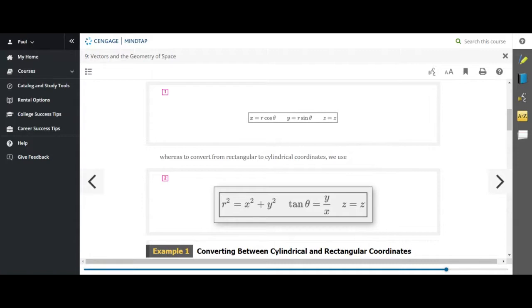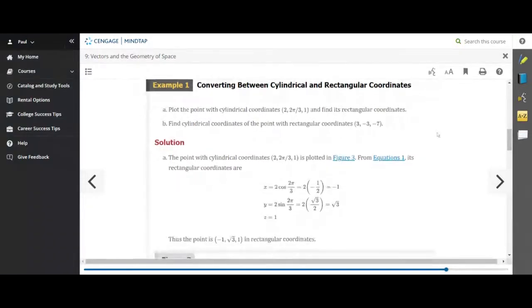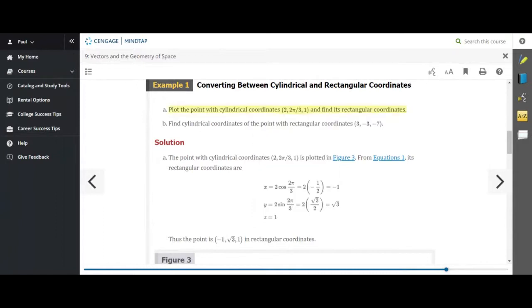I'm going to go right from the book on this one. Example 1. Let's plot the point that has cylindrical coordinates given by radius of 2, theta of 2 pi over 3, and z equals 1, and then find the corresponding rectangular coordinates.